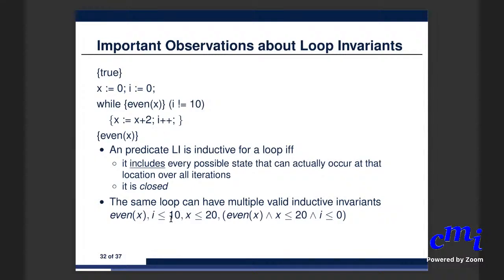Similarly, I less than or equal to 10 is also an inductive invariant, right? Because the first time you get here, I is less than or equal to 10. And if I is less than or equal to 10, every time you go around the loop, I is... I have to be careful here.